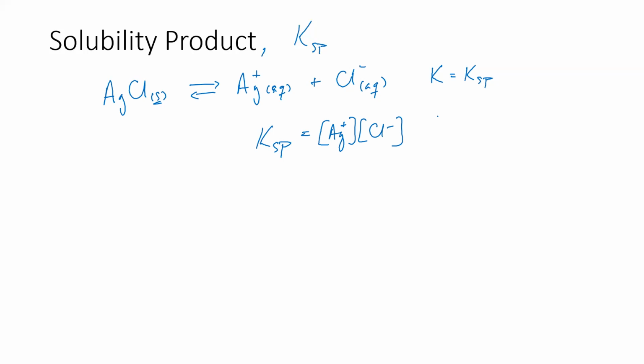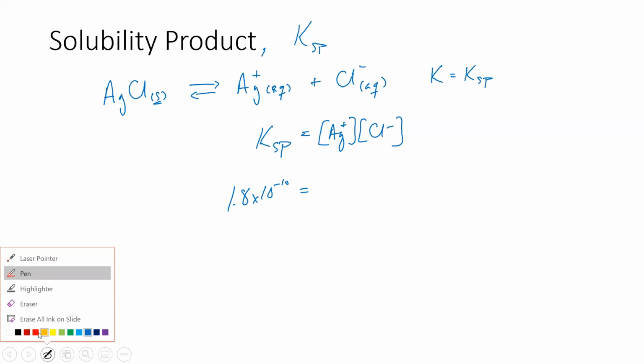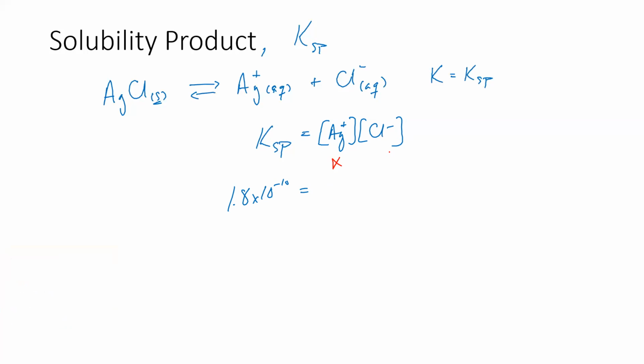When we go to solve for solubility, we can look up our KSP, 1.8 times 10 to the negative 10. I think that is AgCl. We'll roll with it even if it's not exactly. Because there's a 1-to-1 ratio, this one's pretty easy. We get an X and an X for silver and chloride.